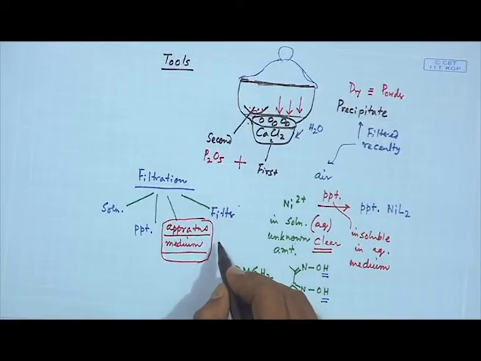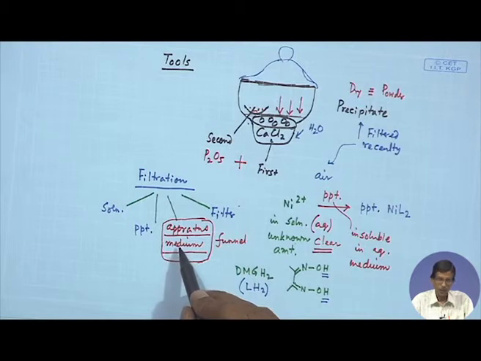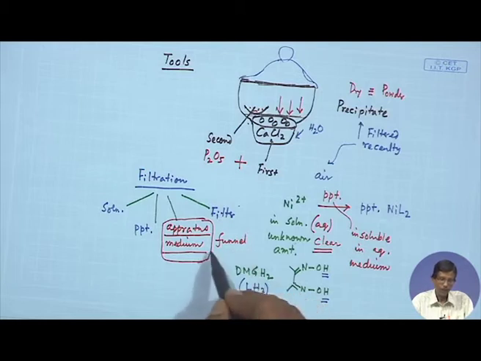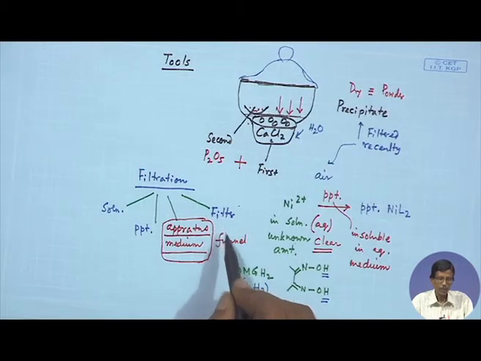There are several things, starting from your filter paper, which you know from your school days, and you must use the funnel; the funnel and the filter paper are one combination. Then we can have the filtering crucibles, the Gooch crucibles, where the filtering bed is already there within the funnel made of glass. We can directly filter through that bed.